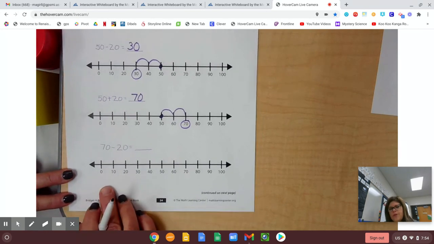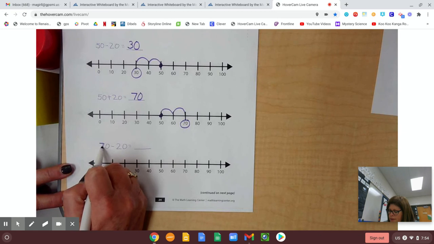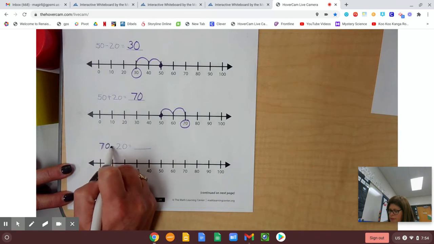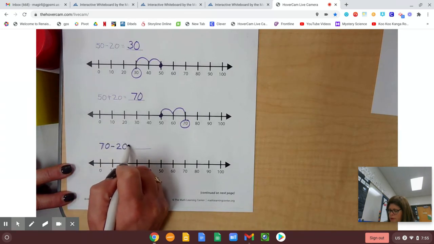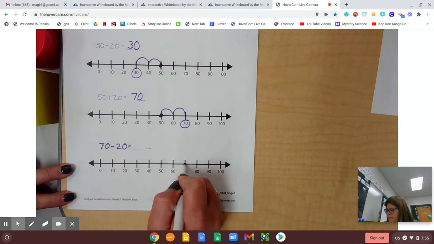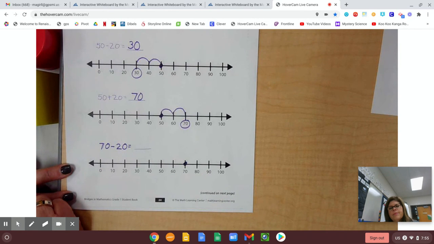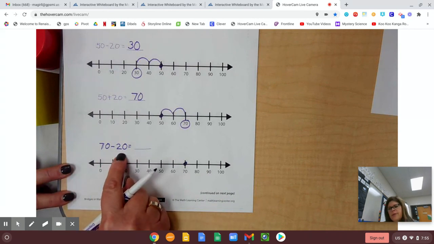And now I want you to go to the very bottom and write 70 take away 20 equals. See if you know where to start. After you're done writing, put your marker where it needs to be, the little dot. 70 take away 20.